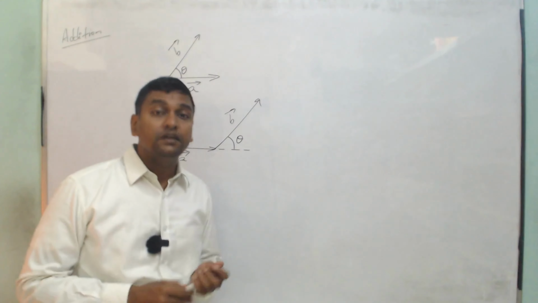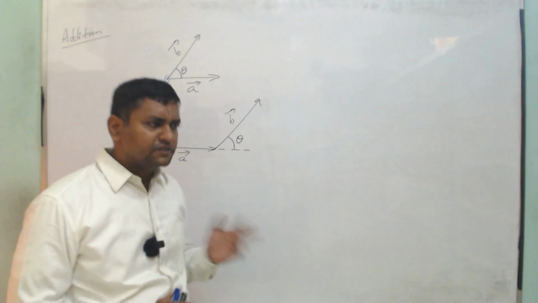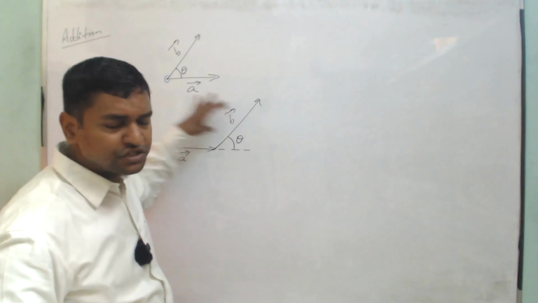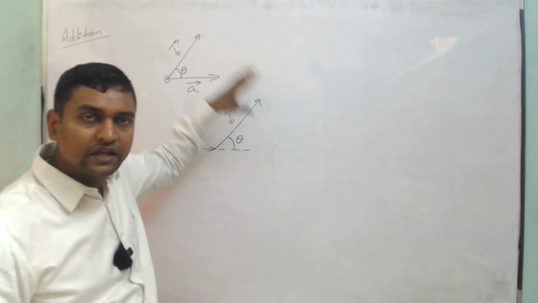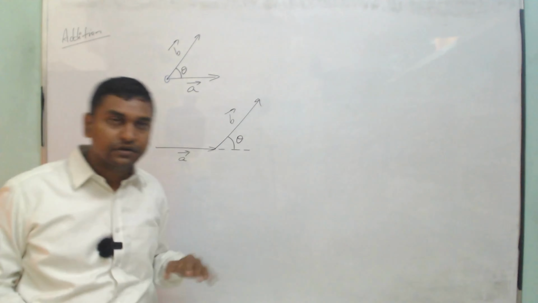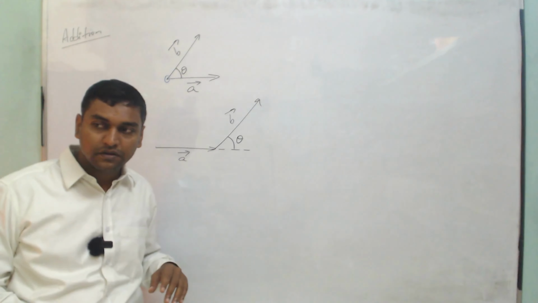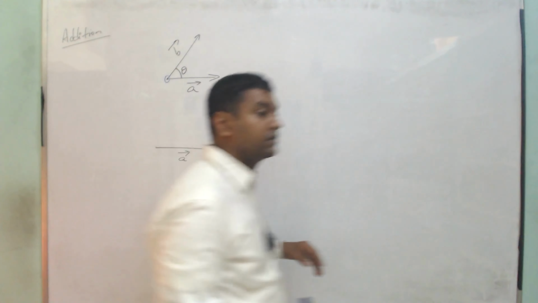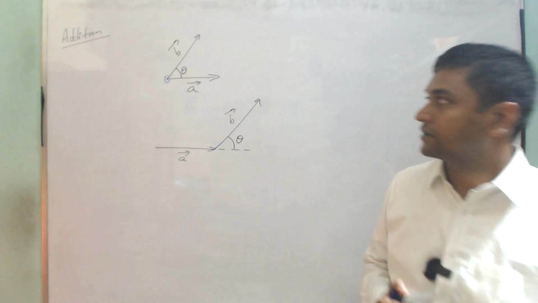First question: can I shift any vector like I shifted B bar, from here to here? The parallel equal vectors, they are both equal vectors, correct?